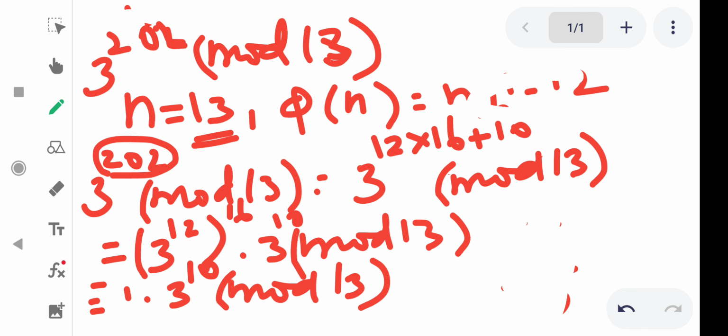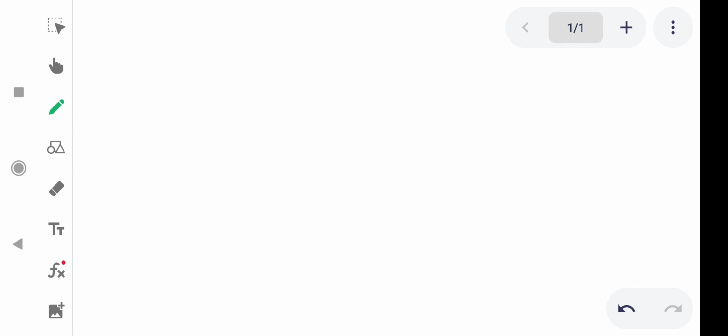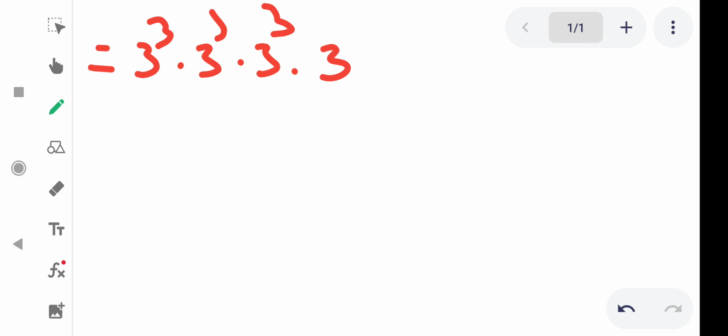Here 3 power 10, 10 is less than 13, so we must represent 3 power 10 as 3 cube into 3 cube into 3 cube into 3 mod 13.